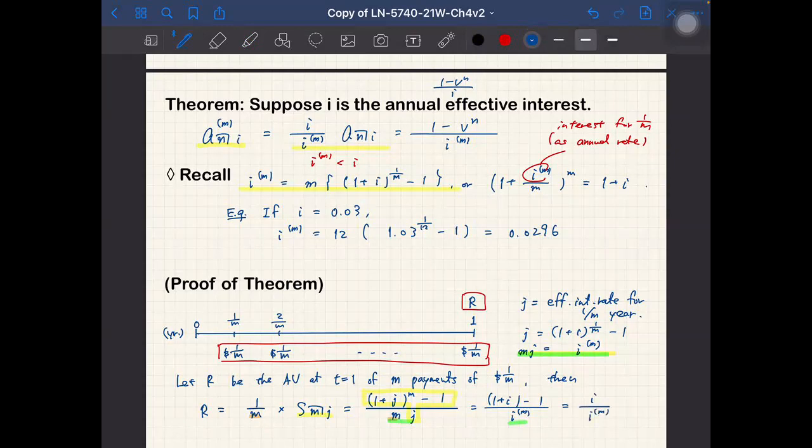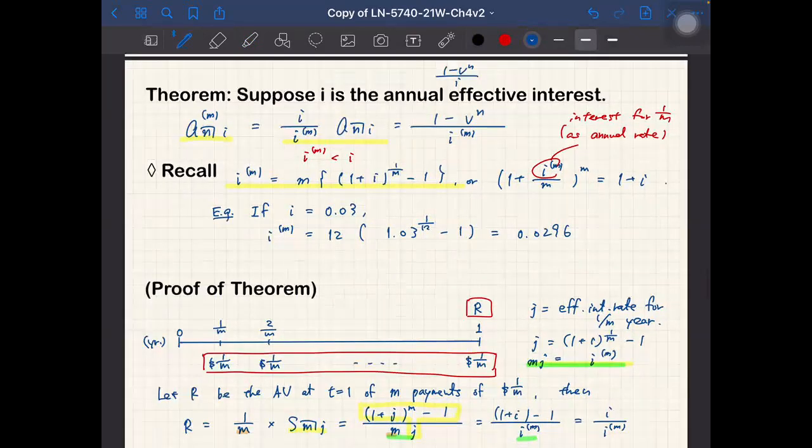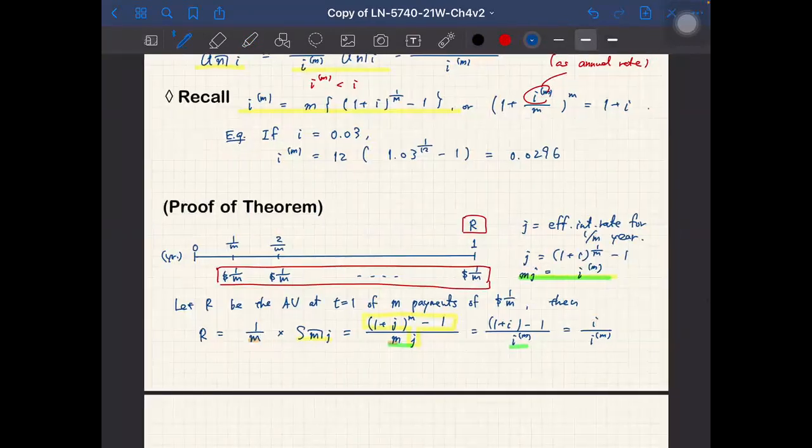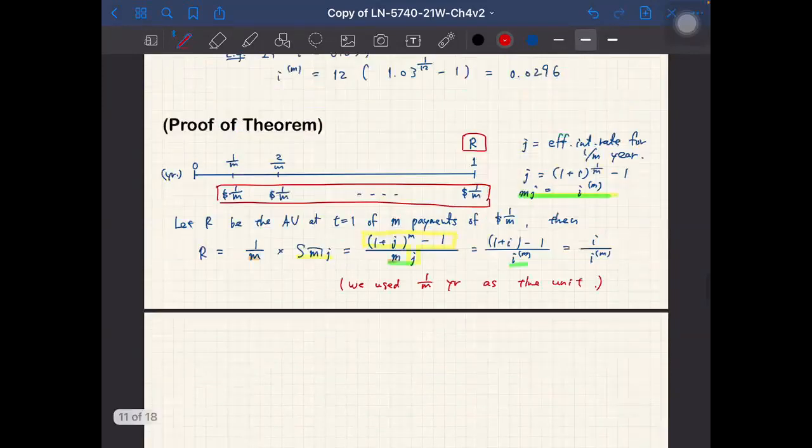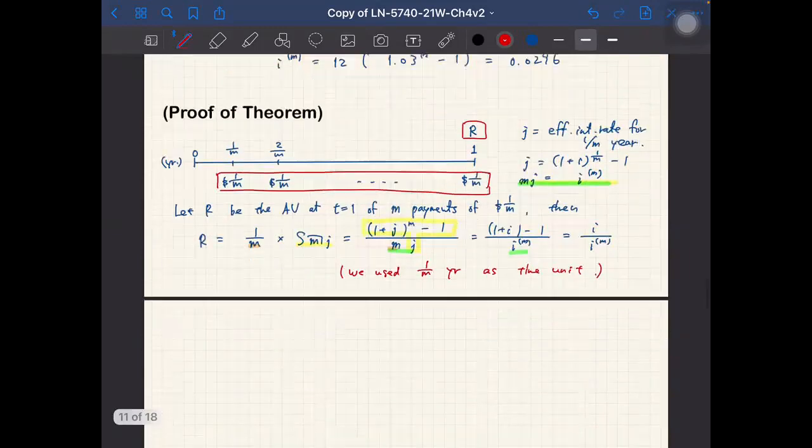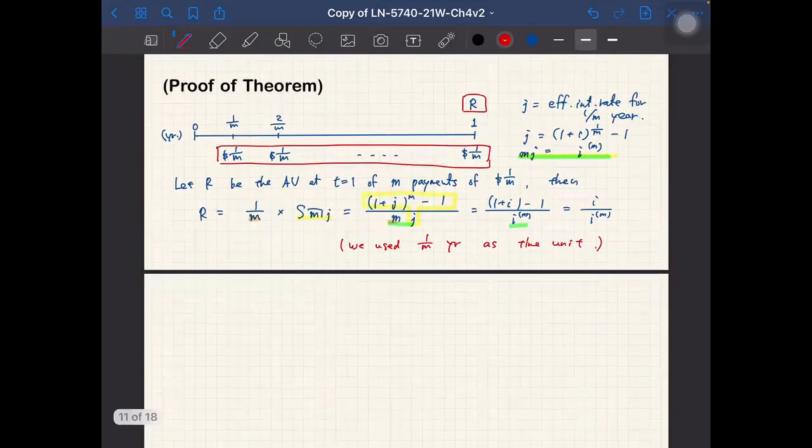So now we got close to the theorem. Again, we used 1 over m year as the time unit. Okay, so now we have determined R, so we can now calculate the entire quantity.